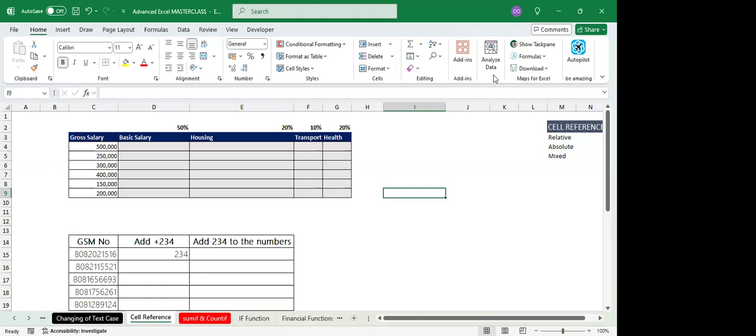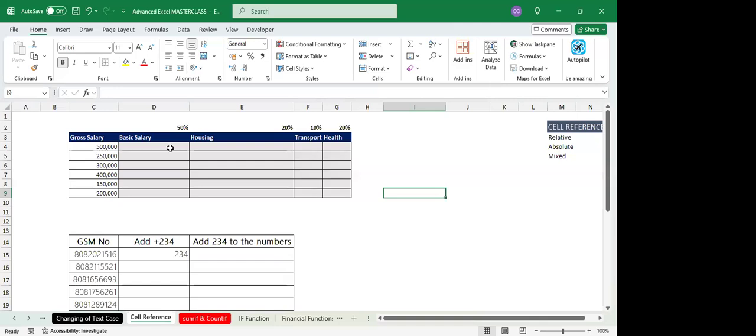Now, I have a scenario on my screen, right? A case of salary remuneration computation of some kind of employee in an organization. That's what you have on this screen now, right?